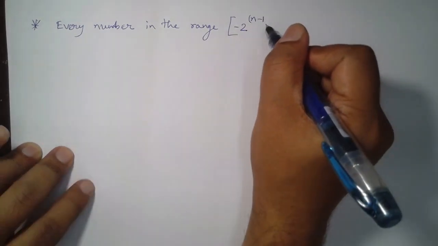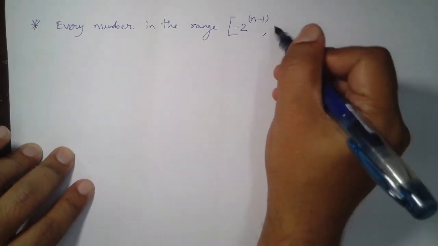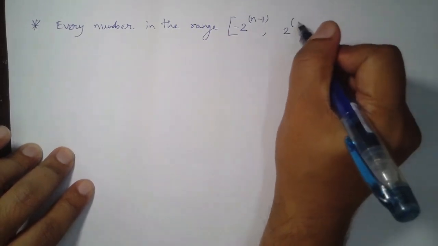For a 4-bit case, it goes from minus 8 to plus 7.